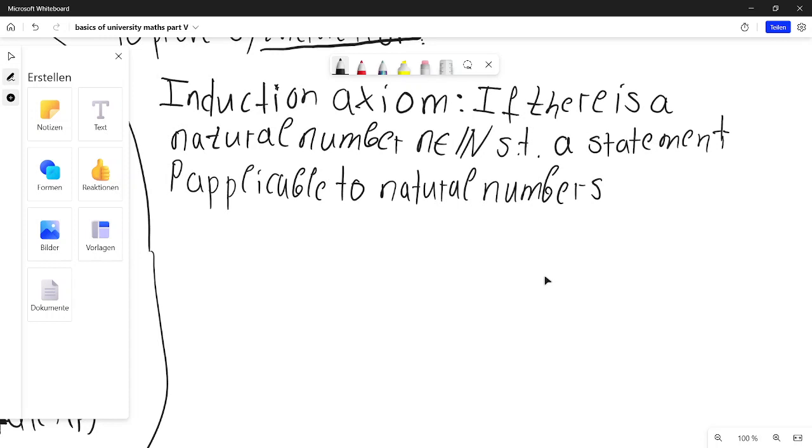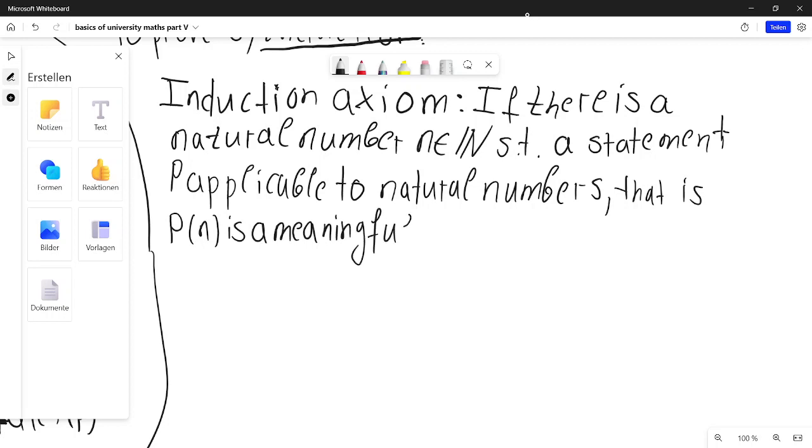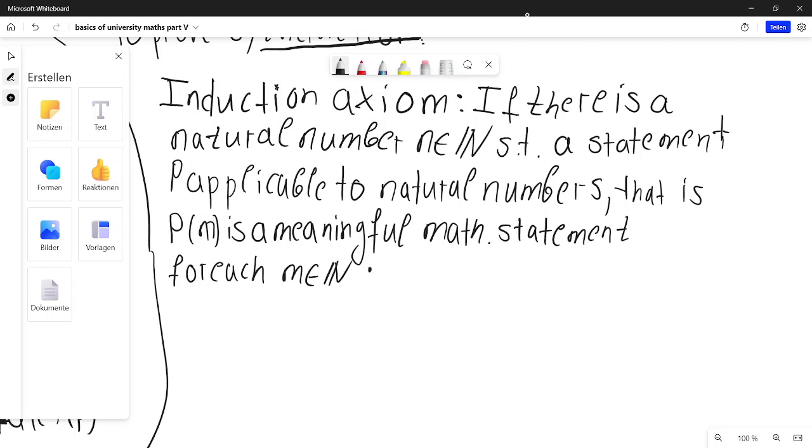Applicable to natural numbers would just mean that P of m is a meaningful mathematical statement, and you understand what it means, for each m in N.